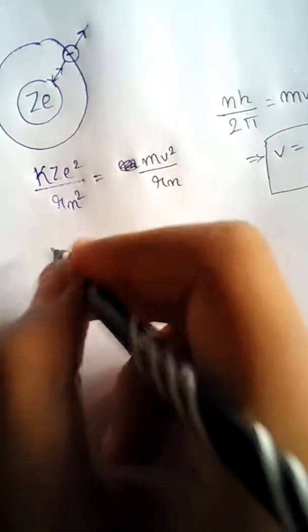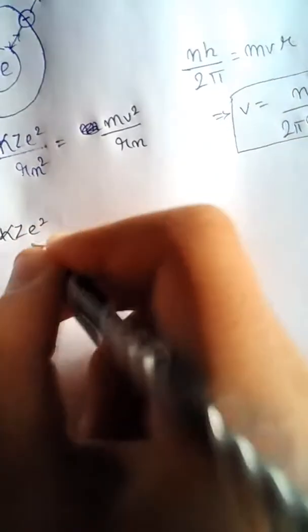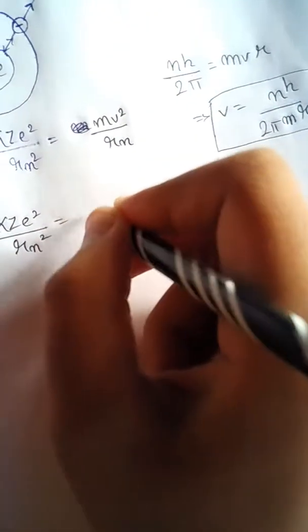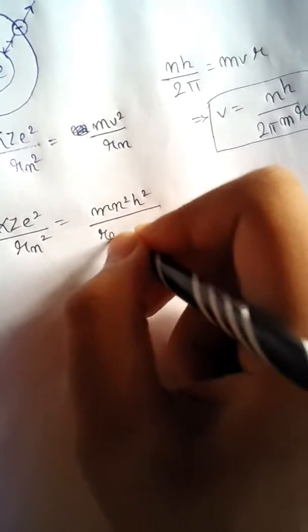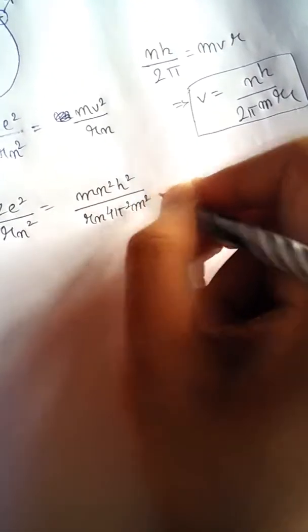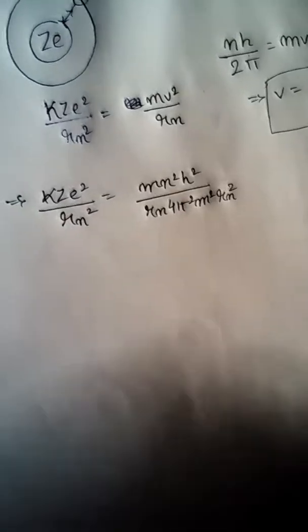So we will be getting k Ze square by rn square is equal to m n square h square by 4 pi square m square rn square. So this is the equation which we have got.